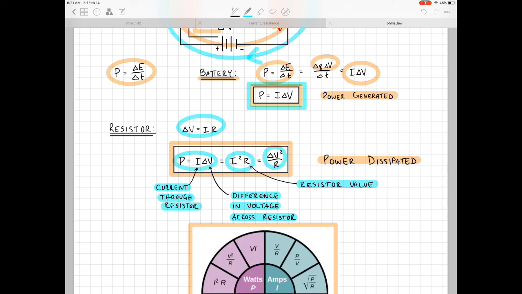It's the power dissipated by the resistor or the circuit element you're analyzing. So again, I is the current through the resistor, delta V is the difference in voltage across the resistor, and obviously R is the resistor value.